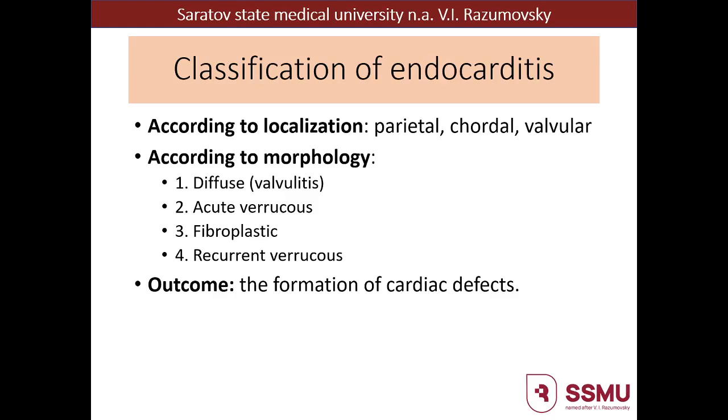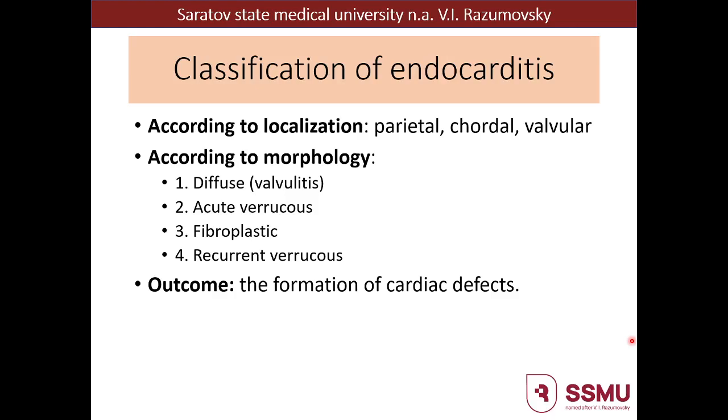Classification of endocarditis: there are different ways of classification. According to localization, it may be parietal, caudal, or valvular. According to morphology, it may be diffuse valvulitis, acute verrucous, fibroblastic, or recurrent verrucous, and outcomes of these damages may be associated with cardiac defects and some pathological process in the valves of the heart.